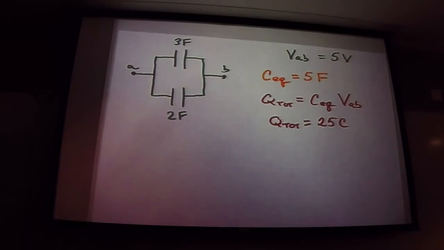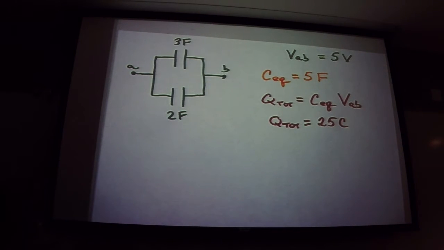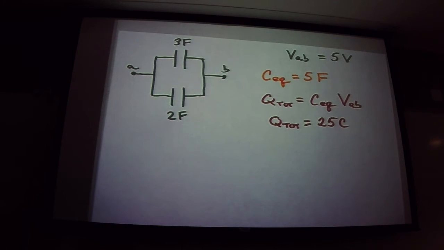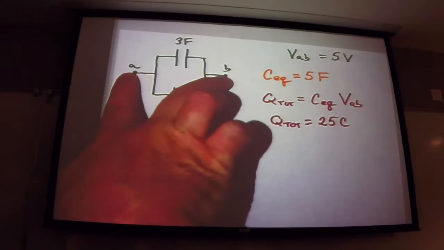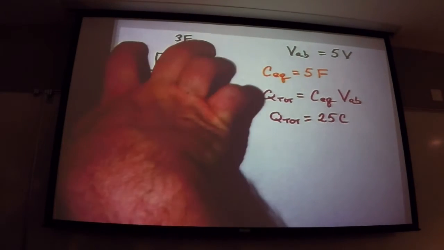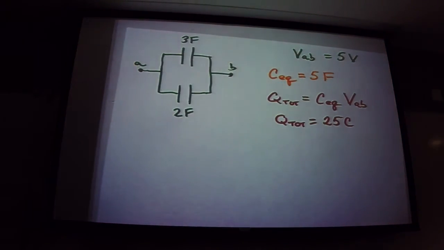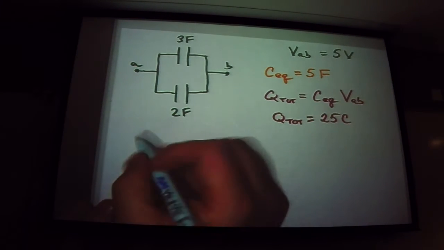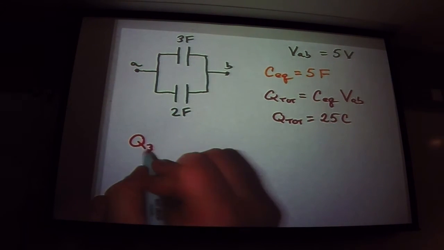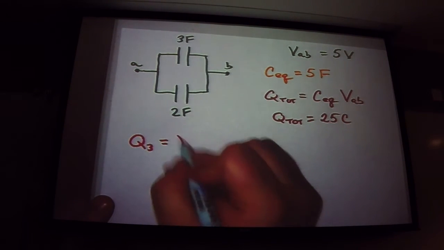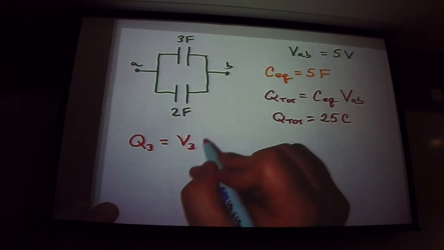Now let's break it down. I want to figure out how much is on the 3 farad capacitor and how much is on the 2 farad capacitor. Because they're in parallel, if I know the voltage of the combination, I know the voltage across each one. So Q3, for the 3 farad capacitor, has to be equal to V3 times C3.